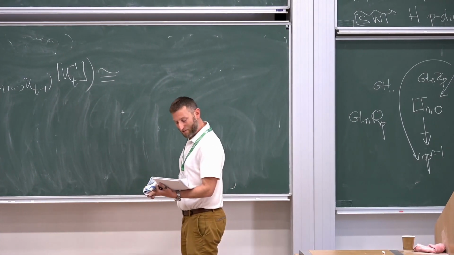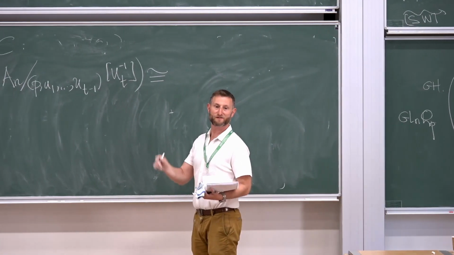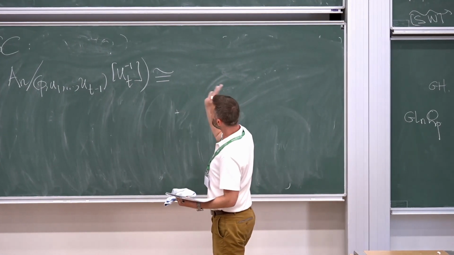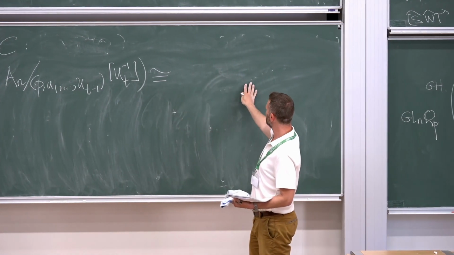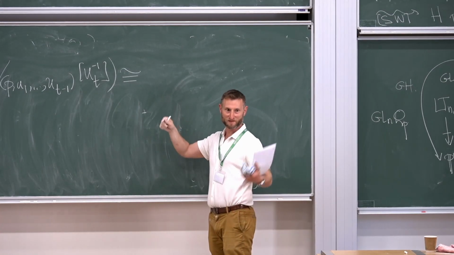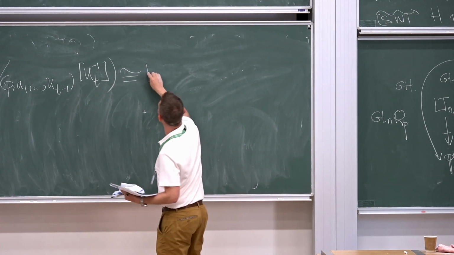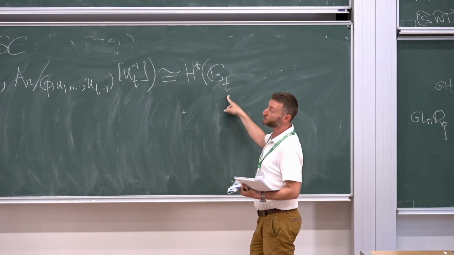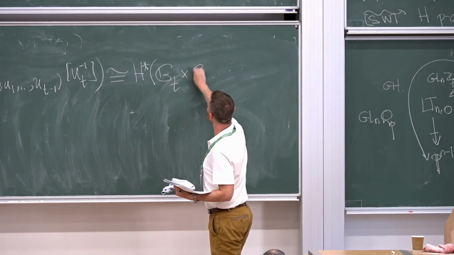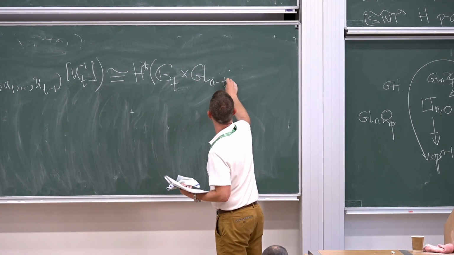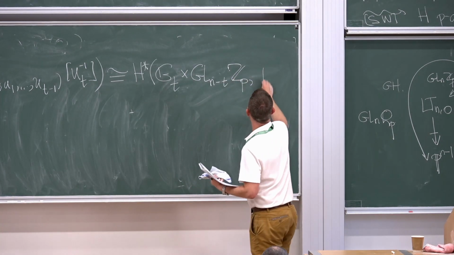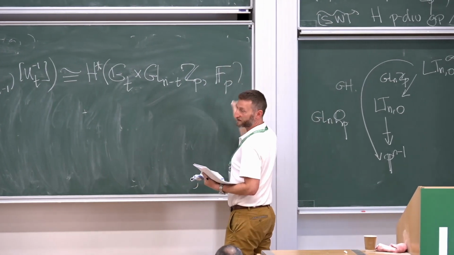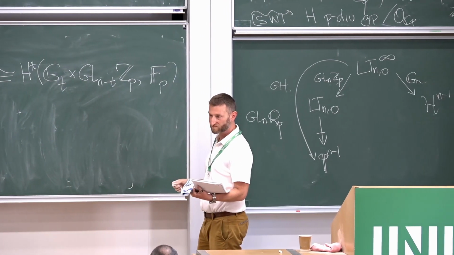So that's something else I want to phrase in terms of the group cohomology of a completely different group. So this was a statement that arose in my conversations with Andrew Sanders some time ago. The group that should appear is a copy of the Morava stabilizer group at height t, and then this other group appears, GL_{n-t}(Z_p). And the coefficients should be in F_p.